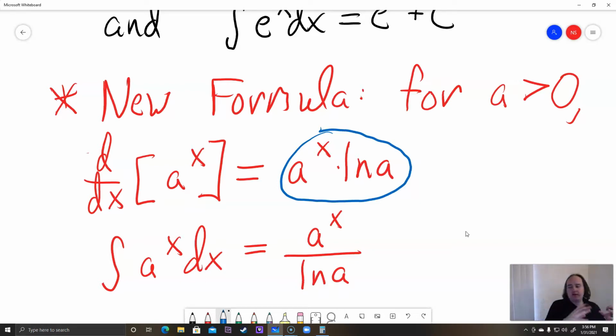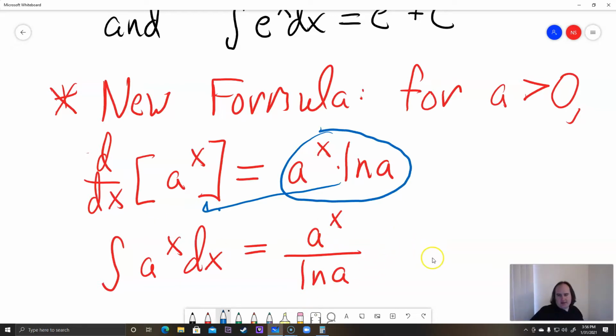Instead of starting on the left side and working to the right, we start on the right side and work to the left. How do we get a to the x? We divide both sides by ln of a, but when you do that, the ln of a ends up under the a to the x over here.